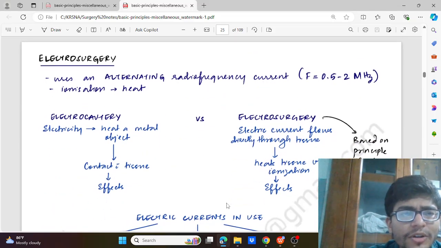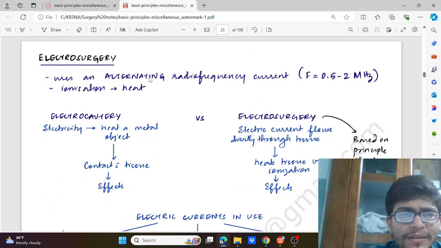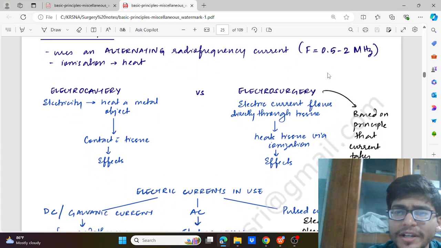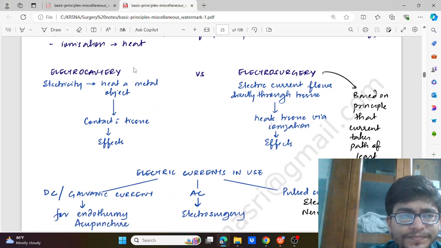Now some more detail about electrosurgery, where they use an alternating radio frequency current of frequency 0.5 to 2 megahertz, which causes ionization and heat. And there's a difference between electrocautery and electrosurgery. In electrocautery, electricity is used to heat a metal object, and when it contacts tissue, it creates heat.